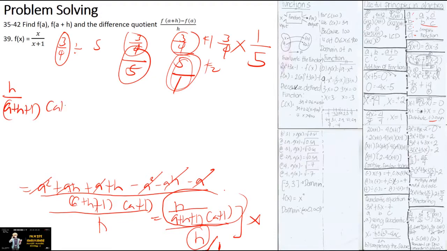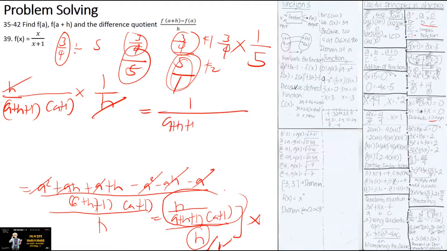Okay, huwag malito. So cancel out. So yung sagot na natin ay 1 over a plus h plus 1 then a plus 1. Okay, yun. Medyo mahaba, no? Pero yun na yun. Okay.